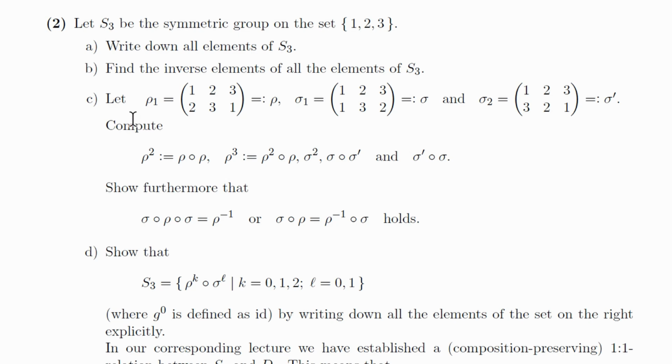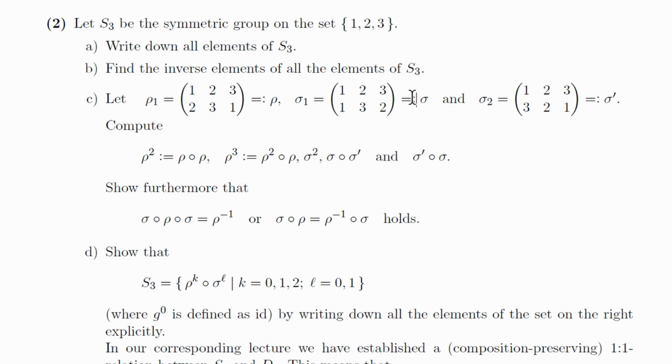Okay, now for part C, we are supposed to do some concrete calculations. So we define rho 1 simply as rho, just so that we don't have to write the indices all the time. This here is rho, and sigma 1 is defined as sigma. This here means that the guy that is here is defined as the object that is on the other side of the equal sign.